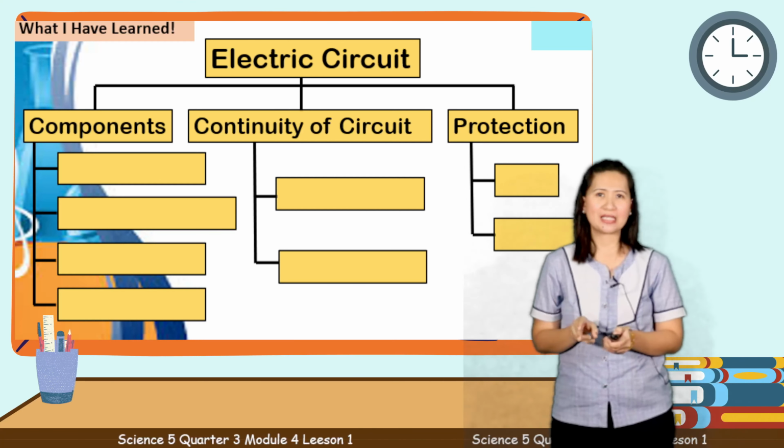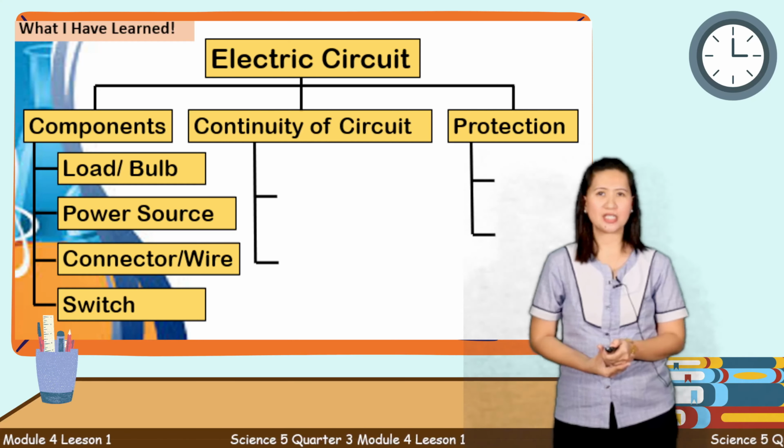Okay, time is up. What are the components of an electric circuit? We have the load or the bulb, power source, connector, and switch. What are the continuity of circuit?